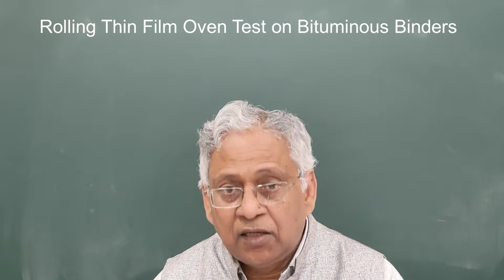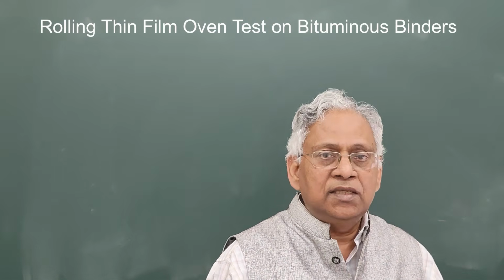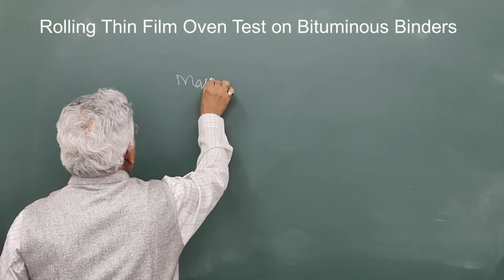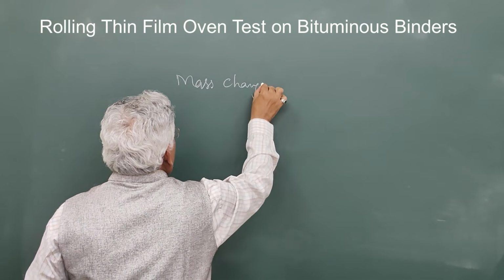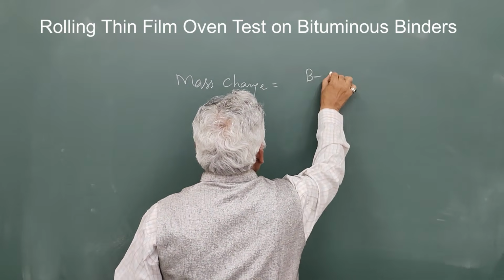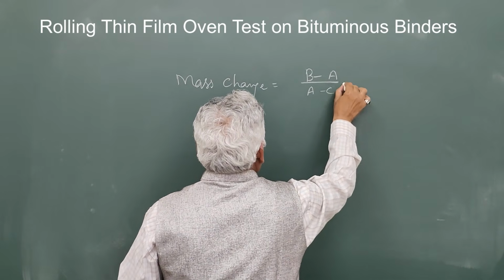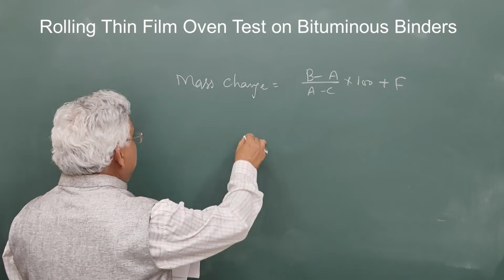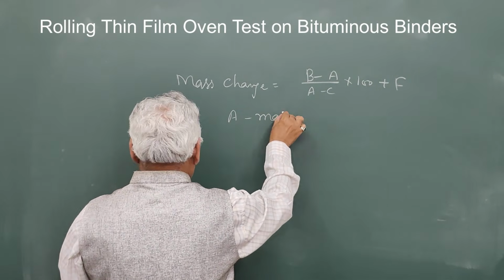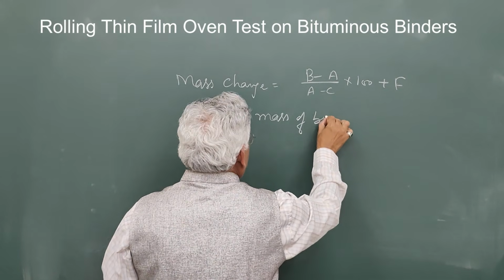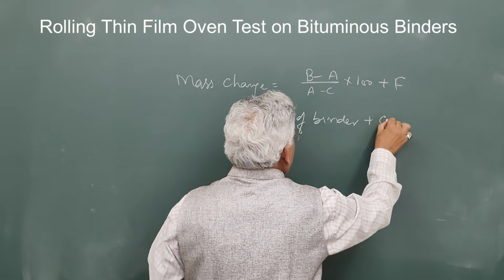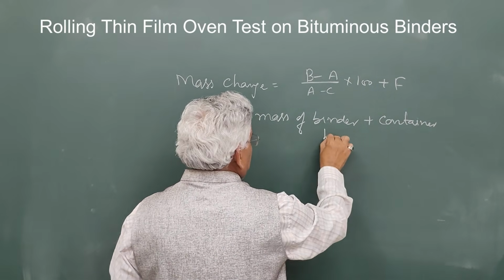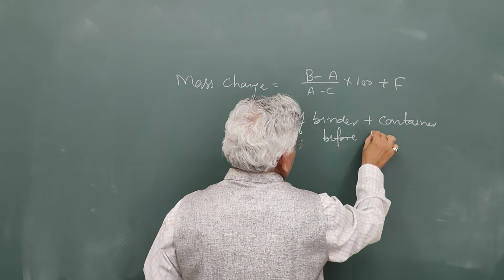Now if the test is conducted for loss in mass, then loss in mass is calculated. Mass change is (B minus A) upon (A minus C) into 100, plus F. Here A is the mass of binder plus container before conditioning, meaning before testing.